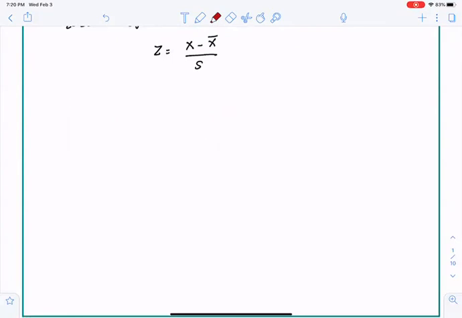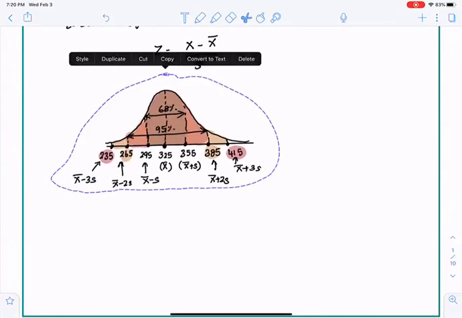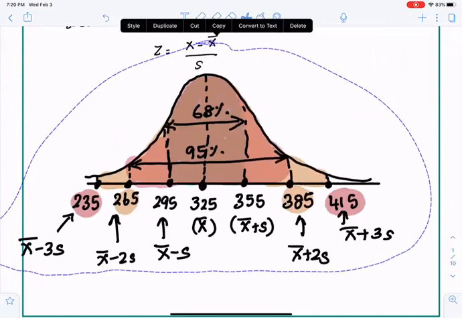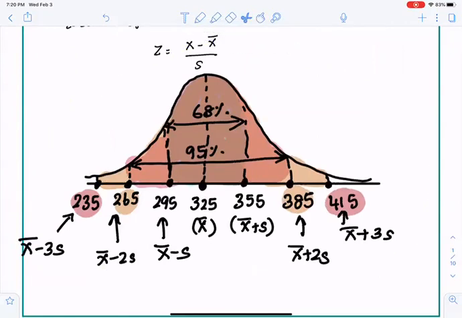Let's take that bell curve, and let's make some modifications here.